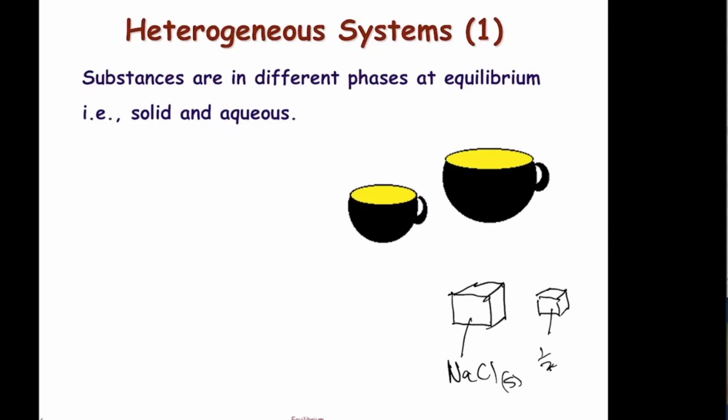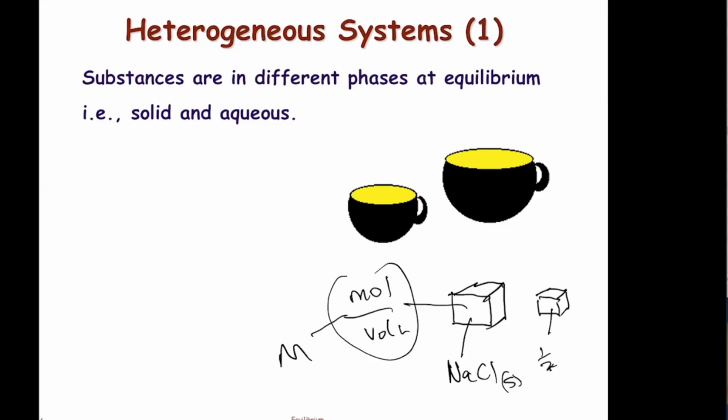If you take 1 gram and now you have 1/2 gram, that volume will also be half, because the volume tells you how many particles you have. Well, the moles over the volume in liters, that's molarity.